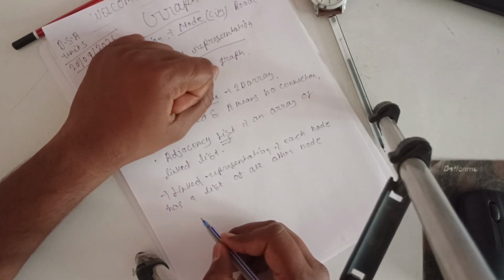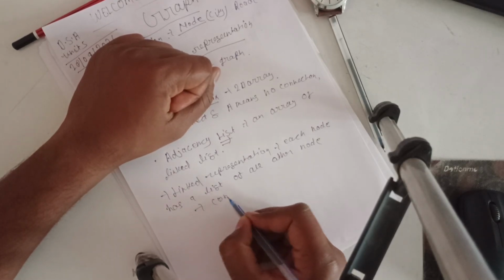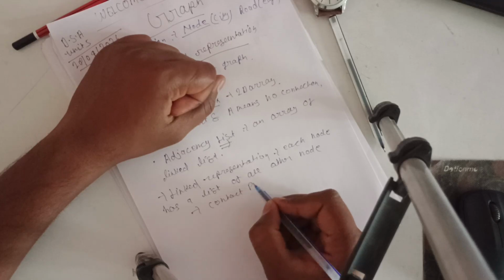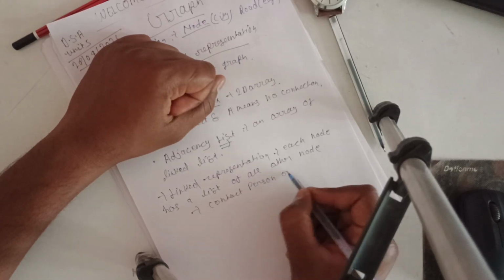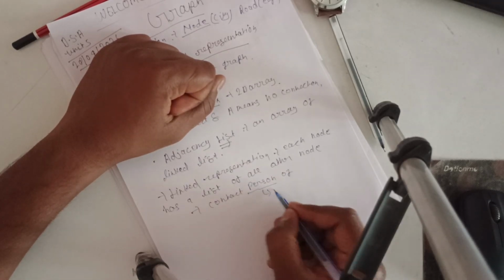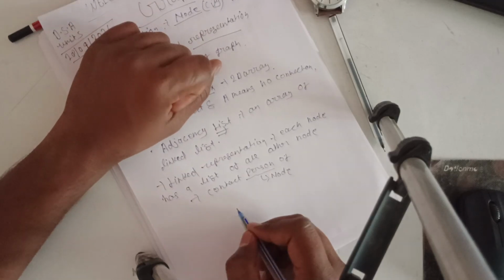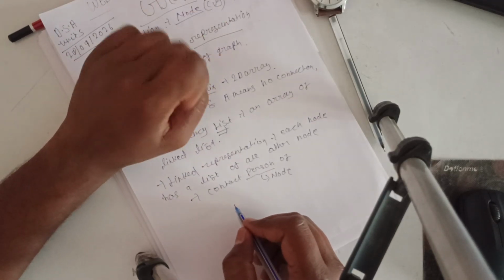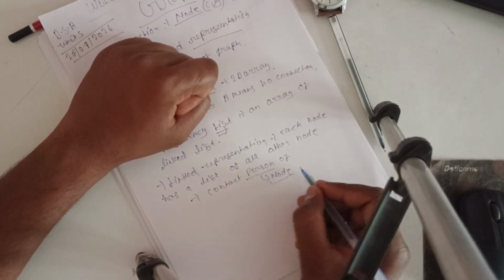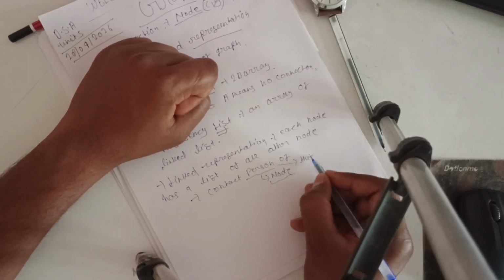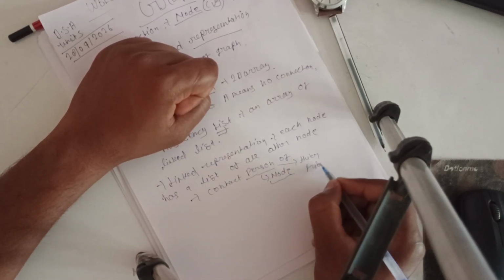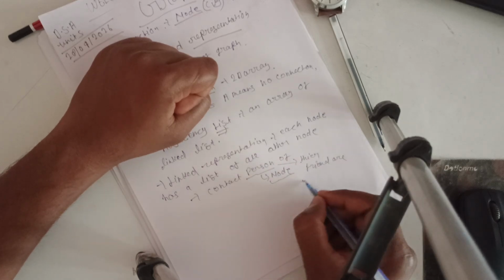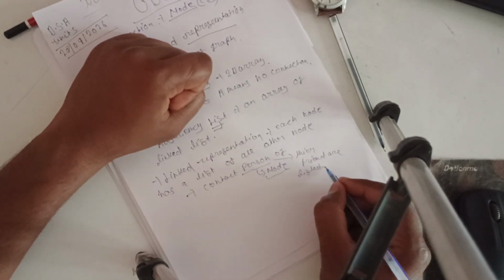It is like a contact list of your phone where each person is a node, and their friends are listed under them.